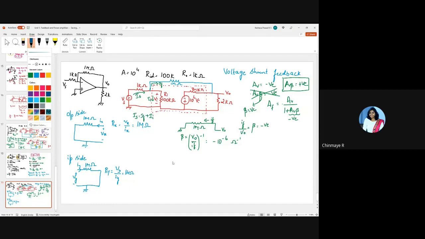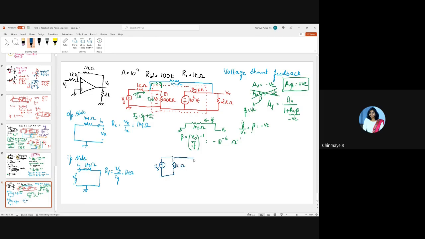Now your circuit will look something like this. You have Is. We're just replacing Vs in series with 1 kilo ohm with Is in parallel with 1 kilo ohm, correct?